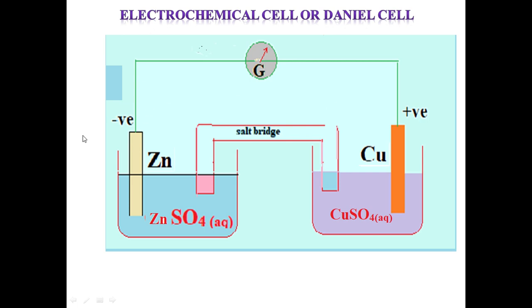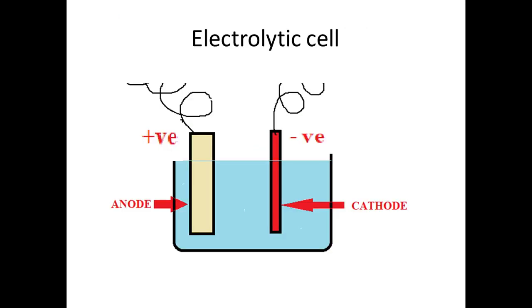If we take both electrodes made up of the same element, that is zinc and zinc, then how do we achieve this redox reaction, the reduction and oxidation? So we have to take different electrodes all the time in the case of the Daniell or electrochemical cell.